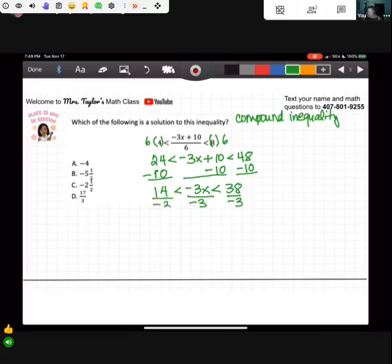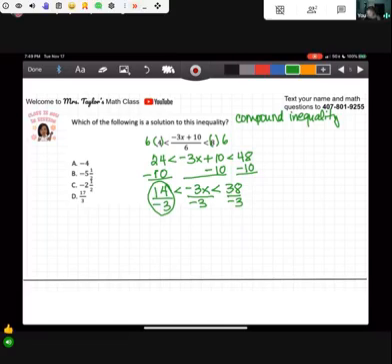Now here's the rule you have to remember. When you are dividing or multiplying by a negative number, when you're working with inequalities, you have to switch the direction of the inequality. So this is going to be negative 14 over 3.